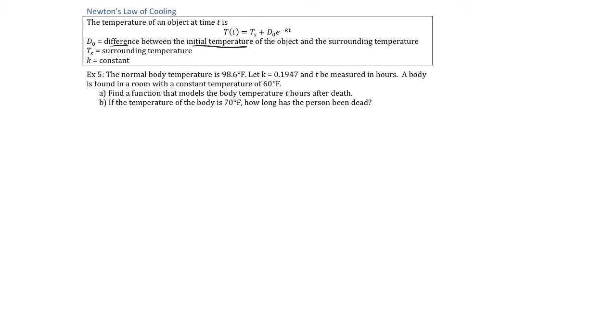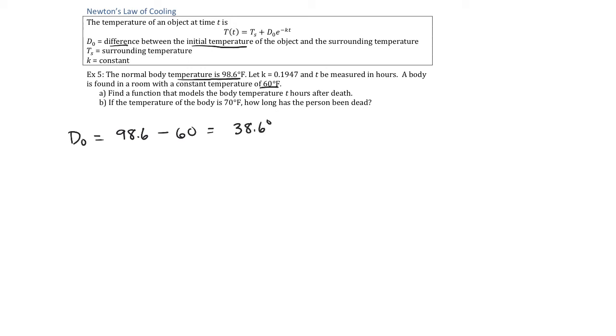So a normal body temperature is 98.6. So in this case, D naught would be the difference between normal temperature and the temperature when it's found, which was 60 degrees. So that is 38.6 degrees.